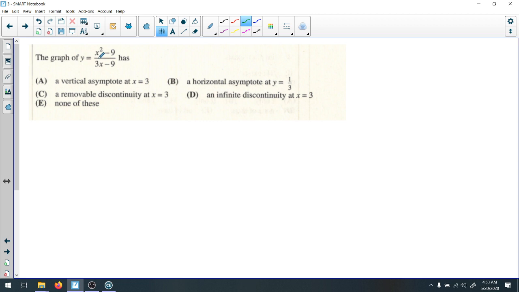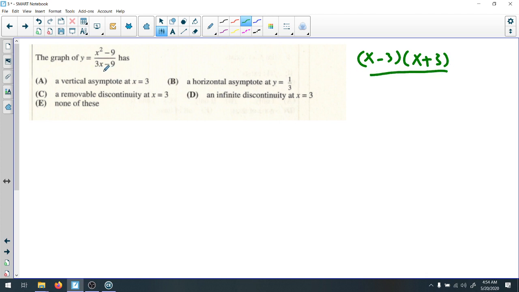If you have a rational function, sometimes you could simplify first before you graph. As you see, x squared minus 9 and 3x minus 9 have something in common. You could factor x squared minus 9 as x minus 3 times x plus 3.